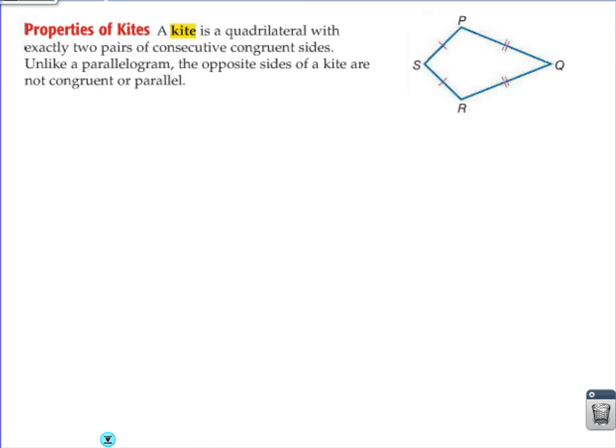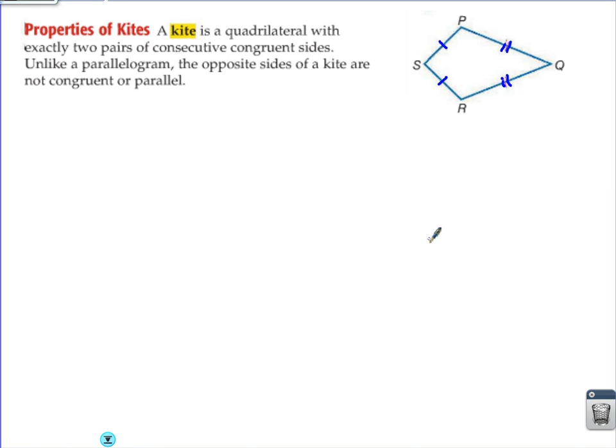Next problem. Well, actually, kites. Let's talk about kites. And this is our last quadrilateral. After kites, we're completely finished with quadrilaterals until the next time one pops up in a problem. A kite is a quadrilateral, and we already know this. A kite is a quadrilateral with exactly 2 pairs of consecutive, meaning one right next to the other, consecutive congruent sides.